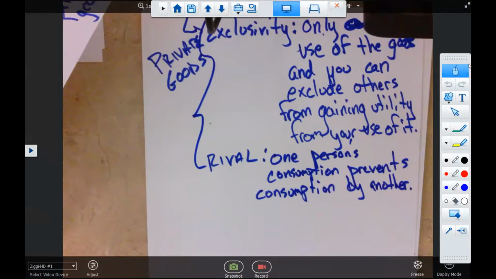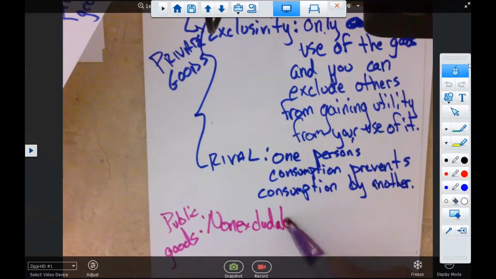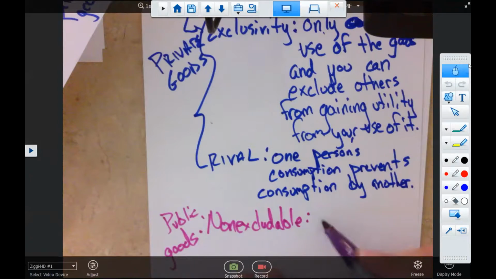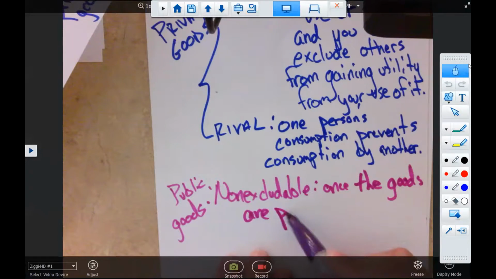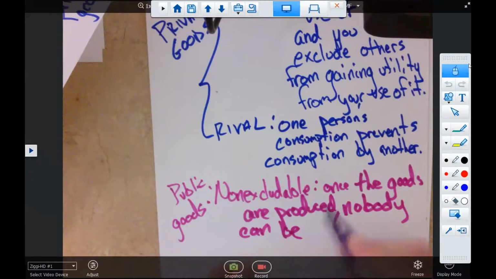So that means that public goods are non-excludable, so once the goods are produced, nobody can be excluded from enjoying the goods' benefits.